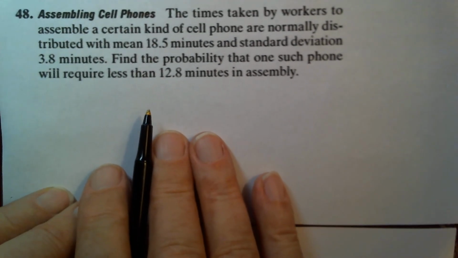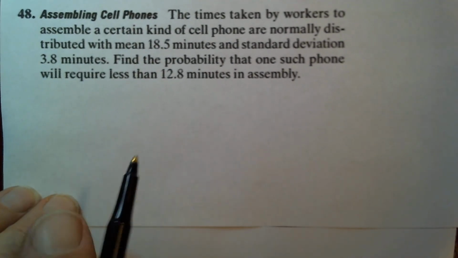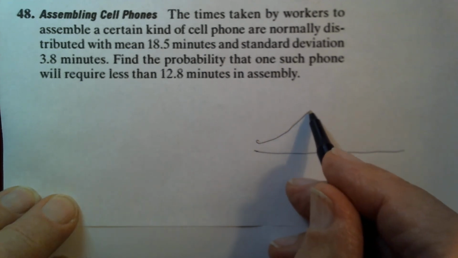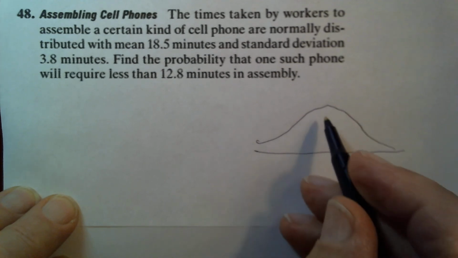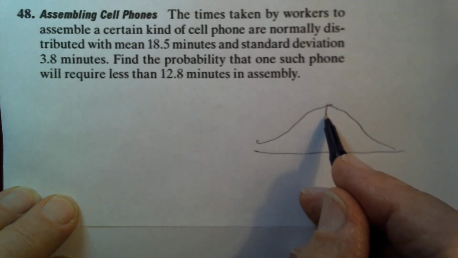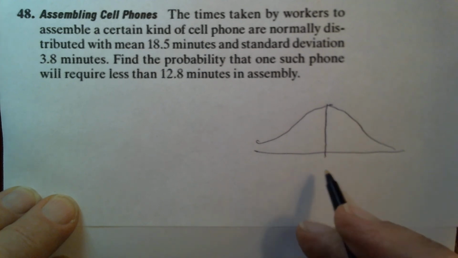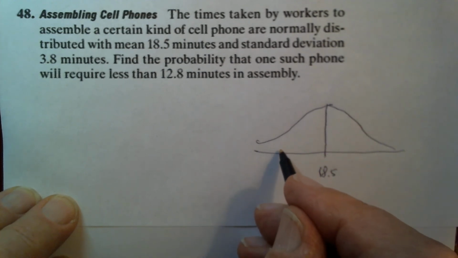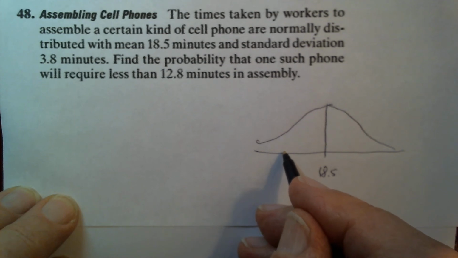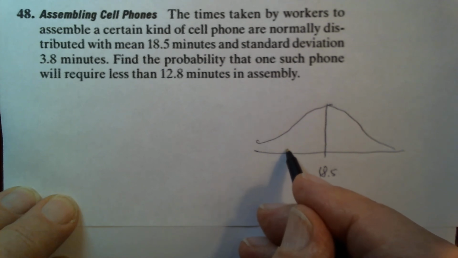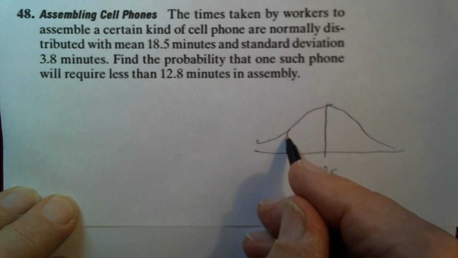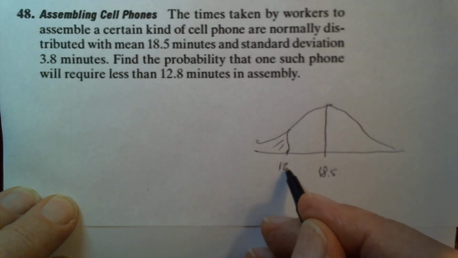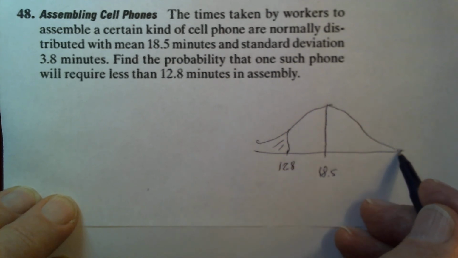Well, we begin with a graph, the normal distribution. So we have the mean at 18.5. And so the question is, what's the probability of finding a phone that requires less than 12.8 minutes? Here the time is measured in minutes.